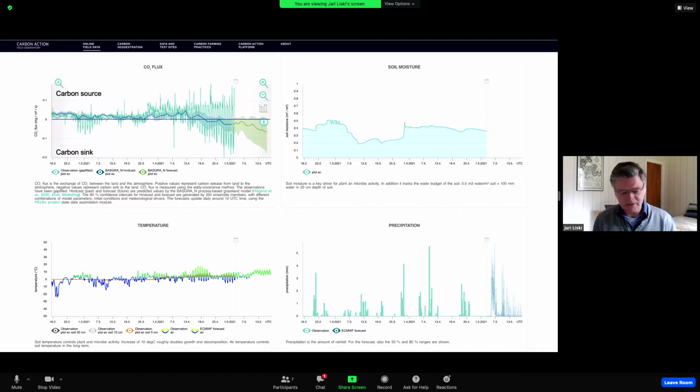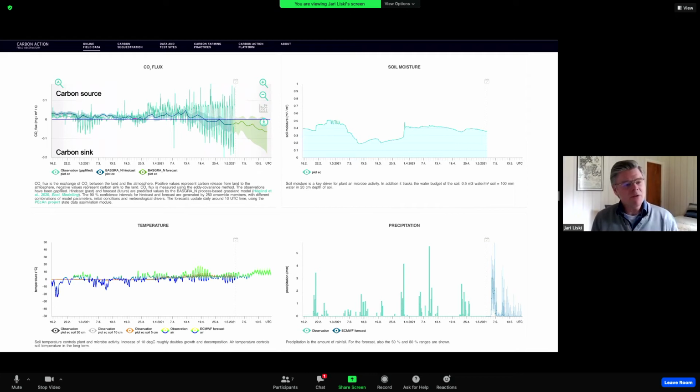The values in the top left corner graph of this slide show that the site became a carbon sink during the day from mid-April onwards, and then during the night the peaks on the positive side show that the site was a carbon source, because photosynthesis stopped but soil respiration still emitted carbon dioxide to the atmosphere.